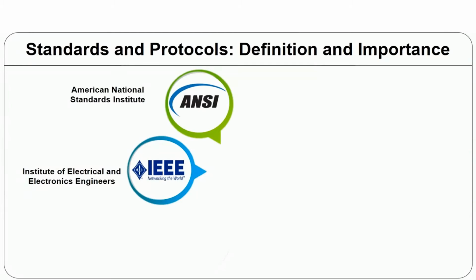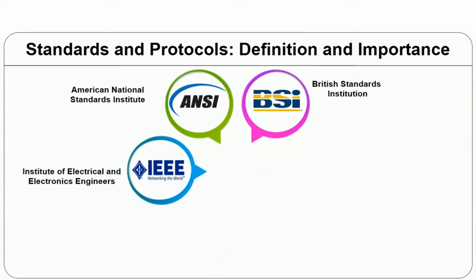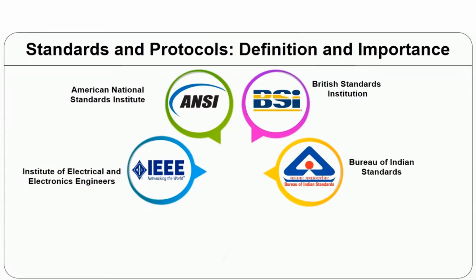Then we have the ANSI standard, American National Standards Institute. Then we have BSI, British Standards Institution. Then in India we have a standard. We have seen it when purchasing gold, the BIS hallmark. That is a standard, the Bureau of Indian Standards, BIS. BIS standards are available for many products.